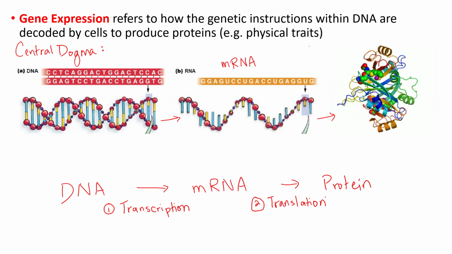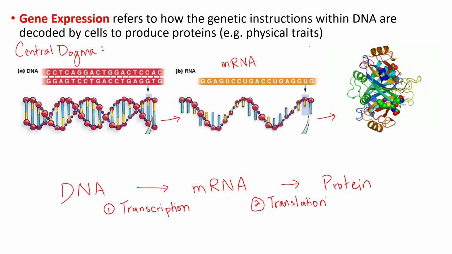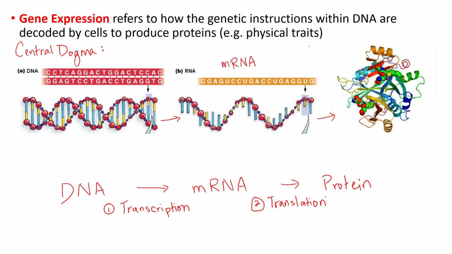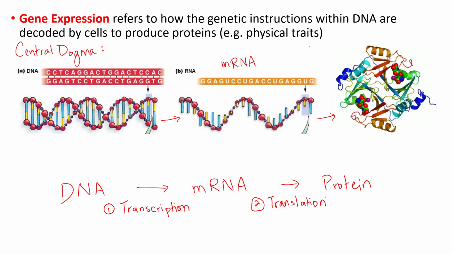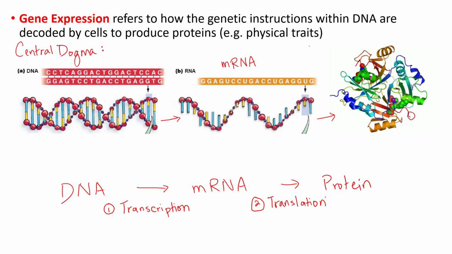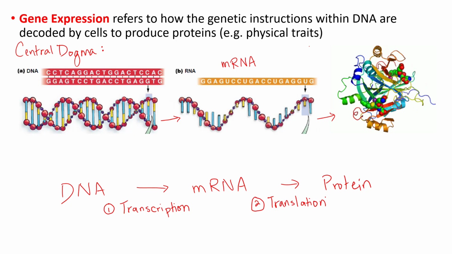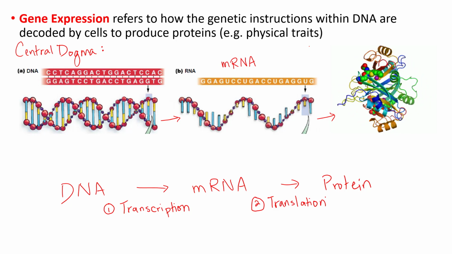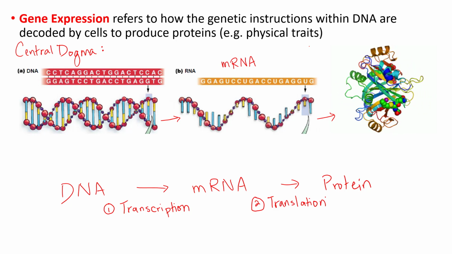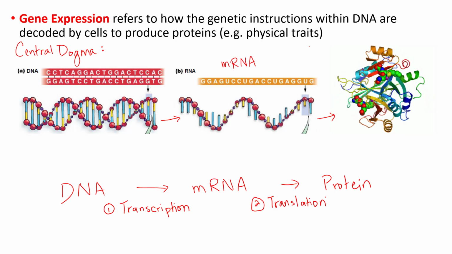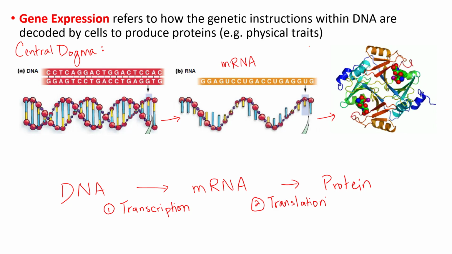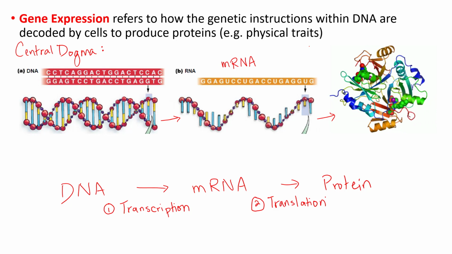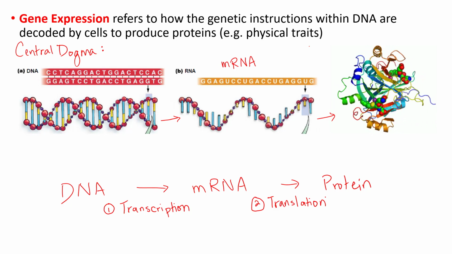If you're translating something from English to Spanish, you're changing languages. Well, that's actually what's happening in the cell in translation. In this step, you're going to translate the language of messenger RNA, which, recall, is nucleic acid. It's written in the alphabet code of the mRNA, which is A, G, U, and C.